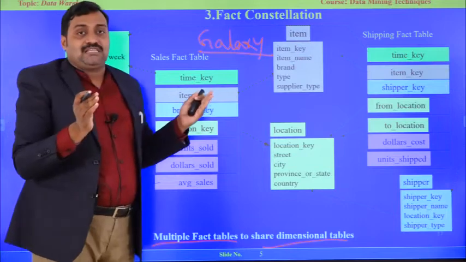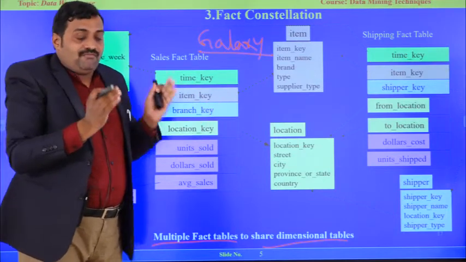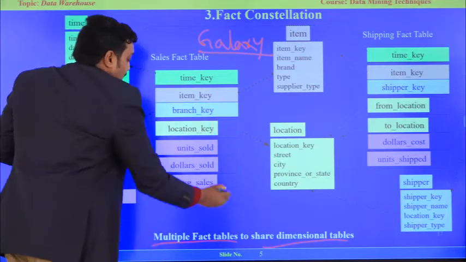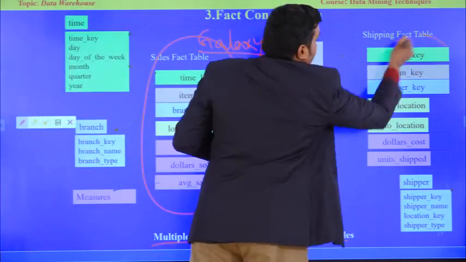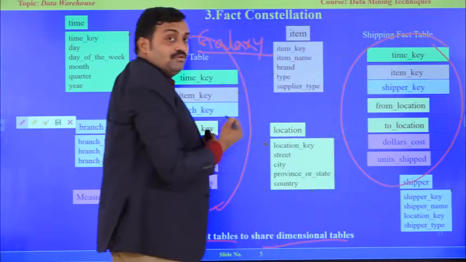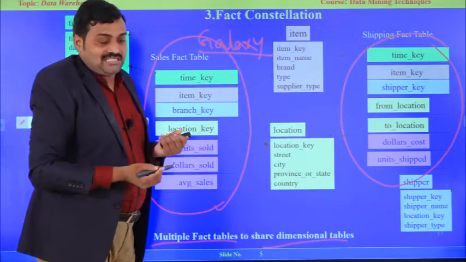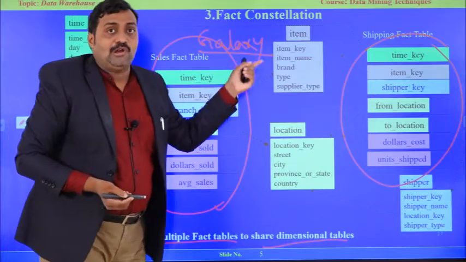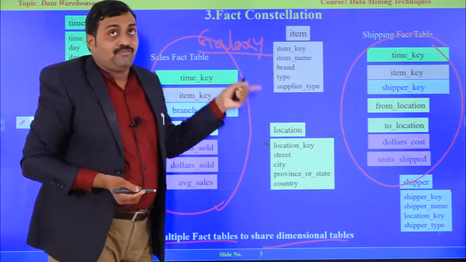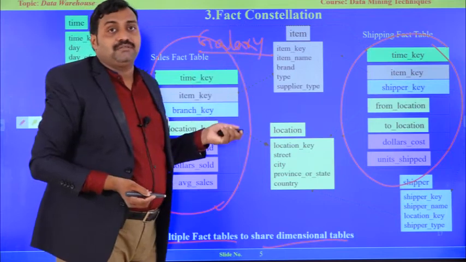To minimize the task, we maintain fact table 1 and another fact table 2, and all are interconnected.